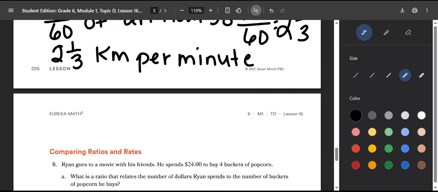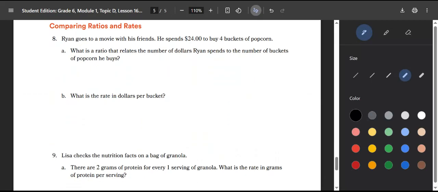All right, now let's do some comparing ratios and rates. Ryan goes to a movie with his friends. He spends $24 to buy 4 buckets of popcorn. A, what is a ratio that relates the number of dollars Ryan spends to the number of buckets of popcorn he buys?